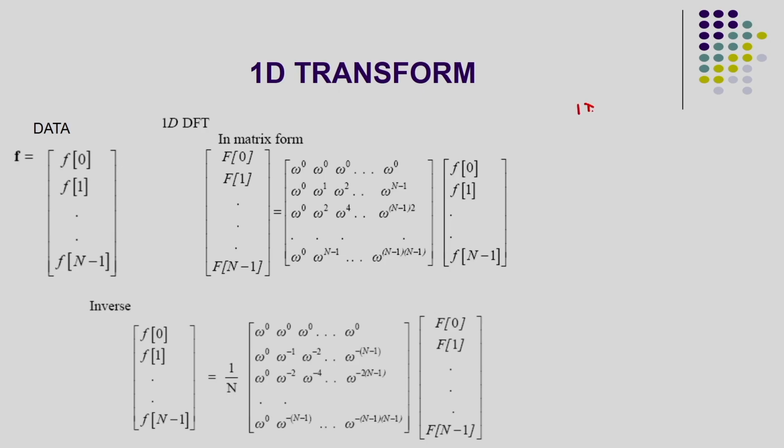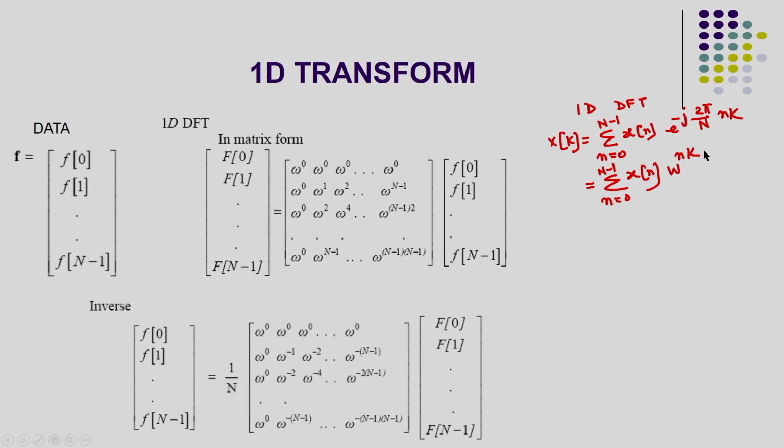The one-directional DFT I can write like this: Xk is equal to the sum over n from 0 to n minus 1 of xn e to the power minus j 2 pi divided by n times nk, which I can write as the sum of xn W to the power nk. Here W is the twiddle factor of the DFT.